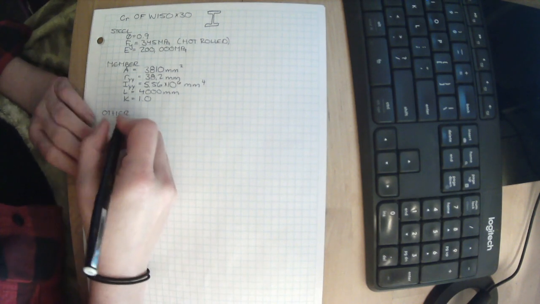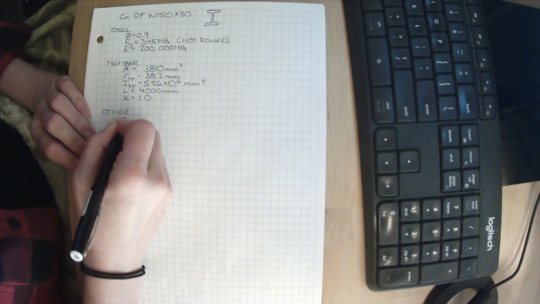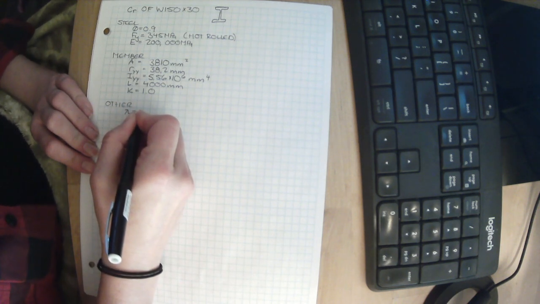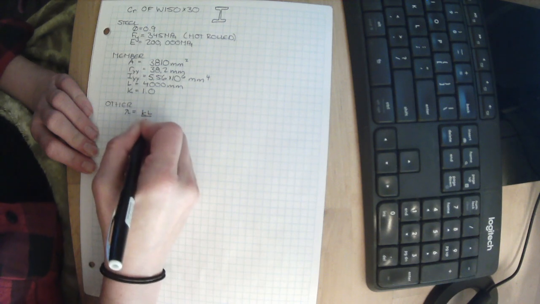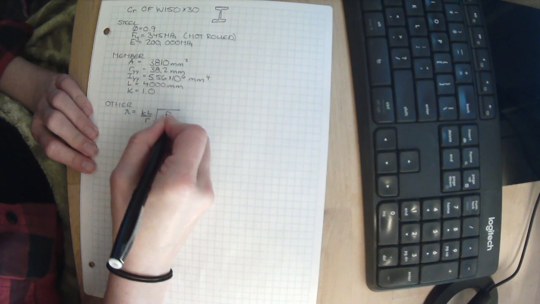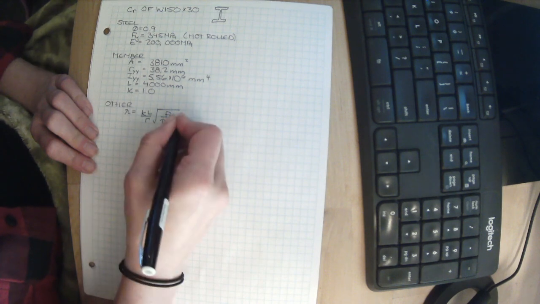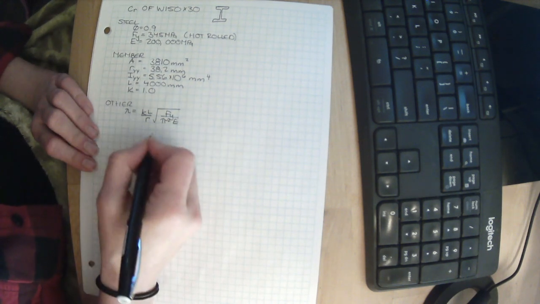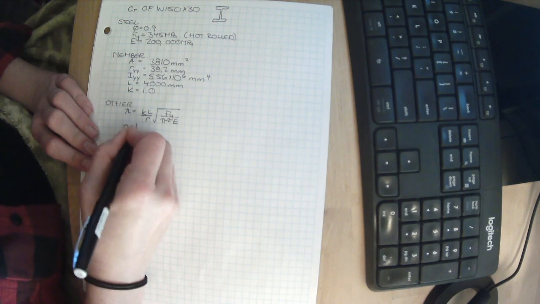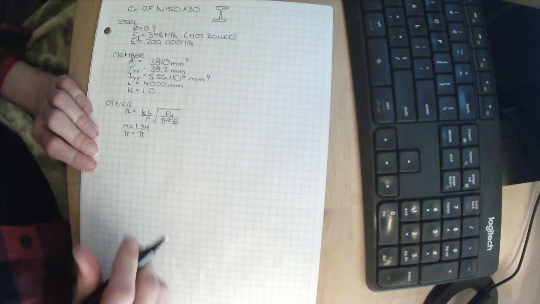We know that lambda is KL divided by R times the square root of Fy divided by pi squared E. We know that the full compressive resistance will need n, which is 1.34, and we know that pi equals, well, pi.